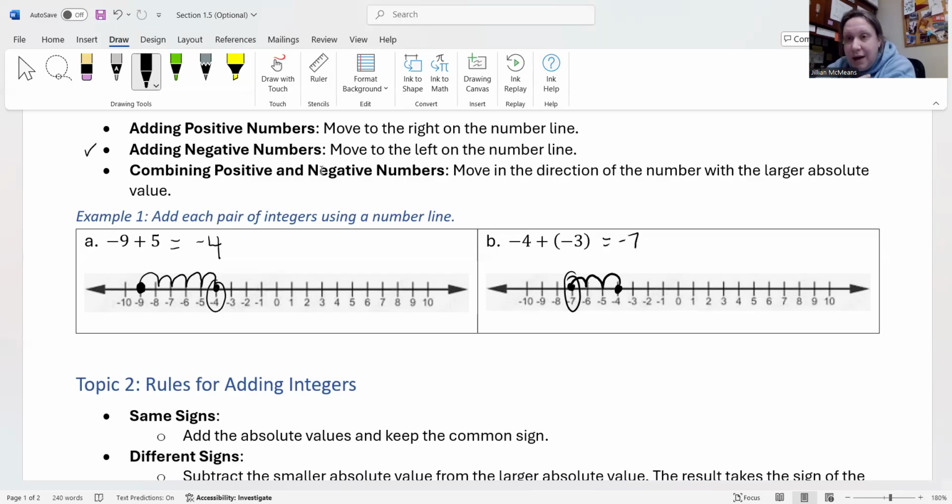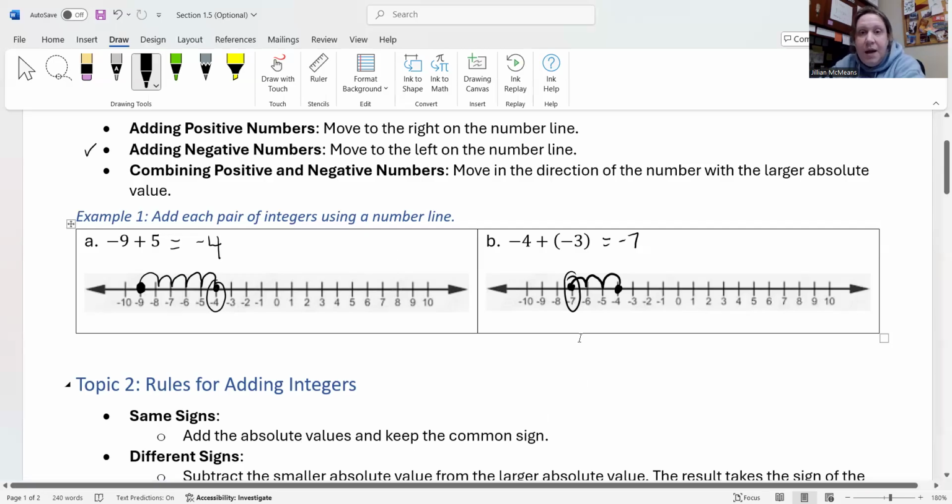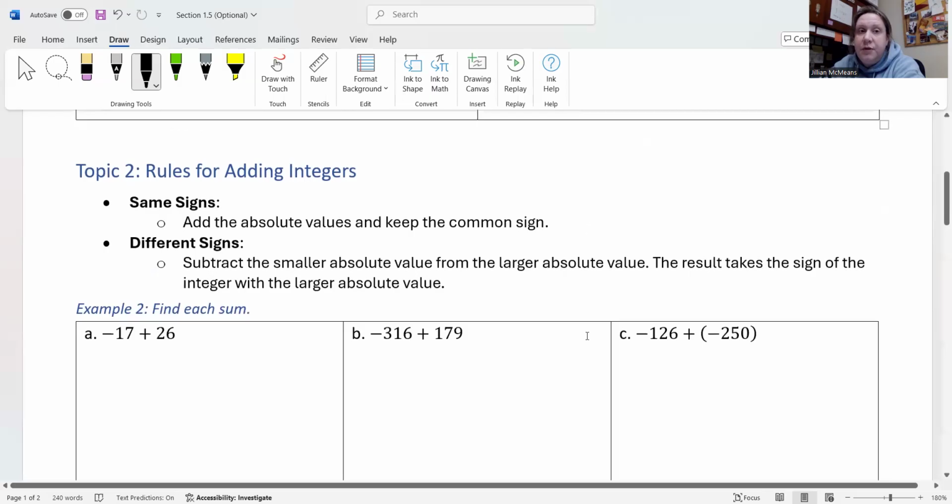Again, that makes sense. If the temperature is -4 degrees when you go to bed, and by the time you wake up it dropped an additional 3 degrees, you would be at -7 degrees. Hopefully this gives you a gentle visual understanding of what we're doing when we're adding integers.